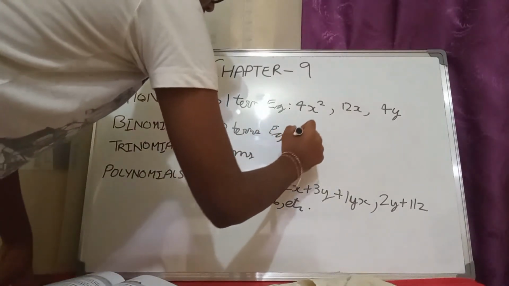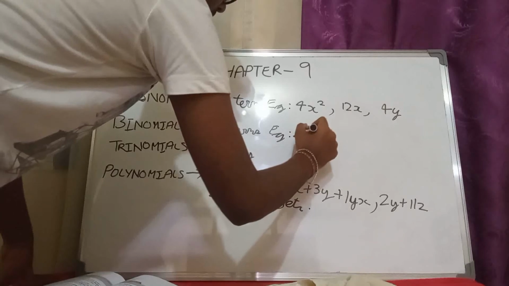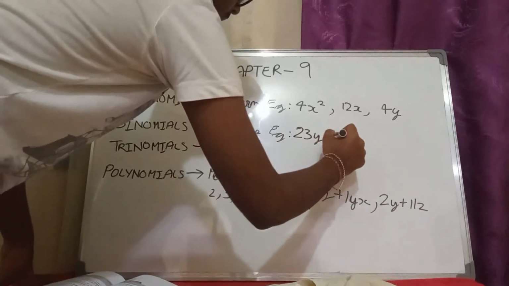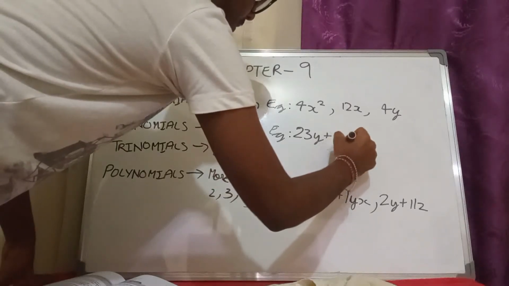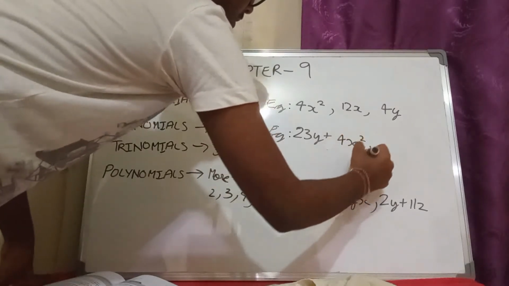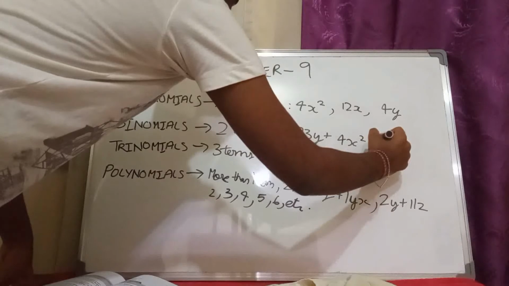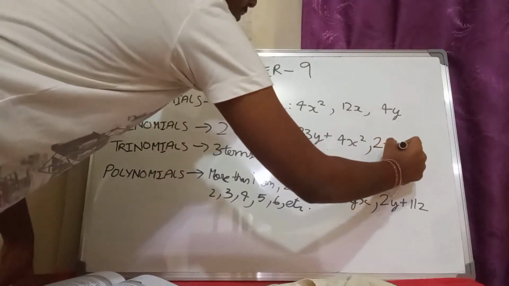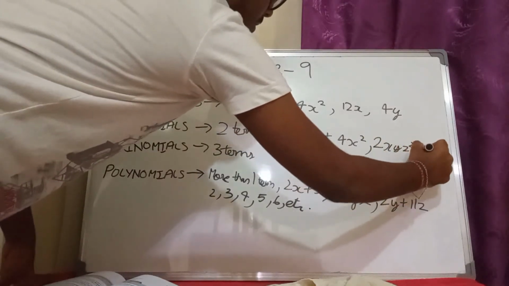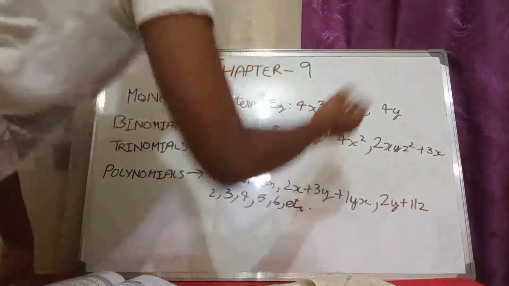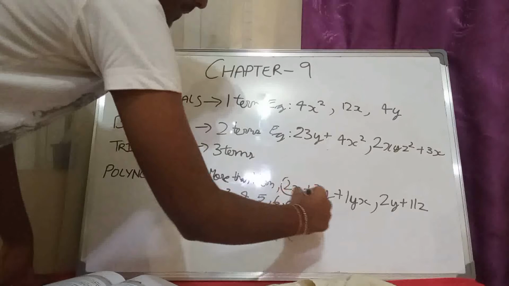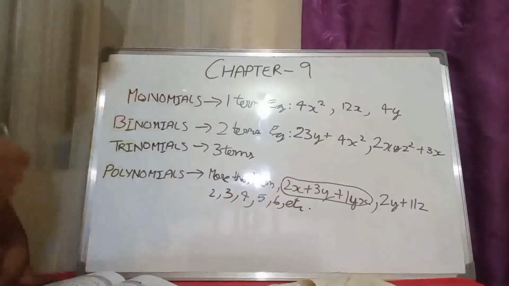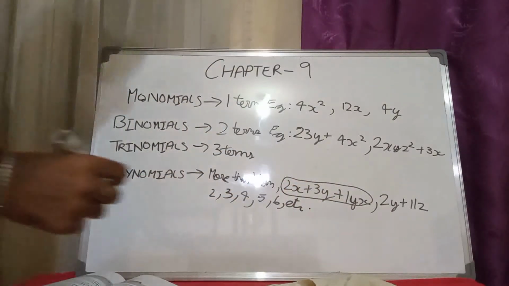Example here, we have 23y plus 4x square, or we can have 2xy z square plus 3x, etc. And for trinomial we can have this one, 2x plus 3y plus 1yx.